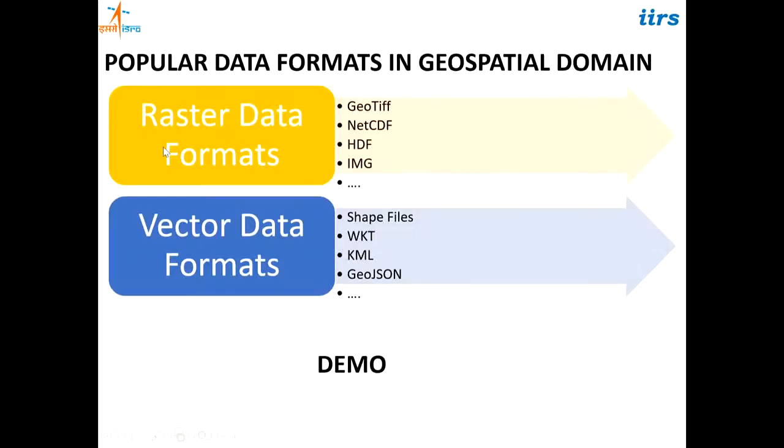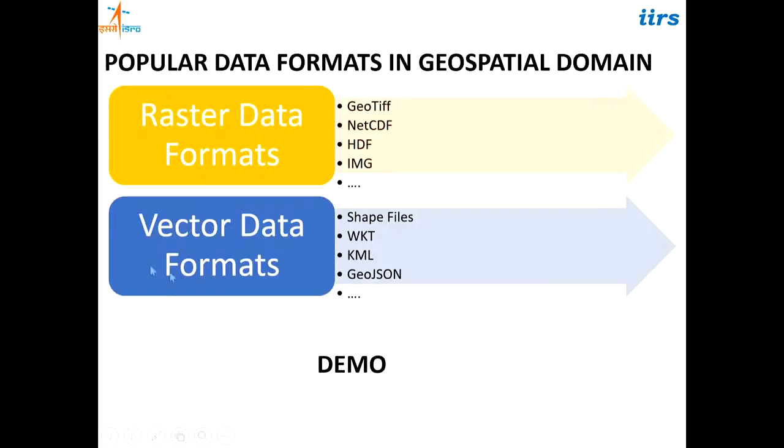So, if we talk about some of this, I have already told you the popular data formats in the geospatial domain which you will be handling, like GeoTIFF, NetCDF, HDF, IMG, and more. These are the very popular data sets which are often talked about in the geospatial domain for raster data handling.